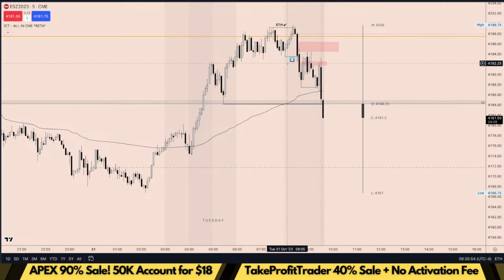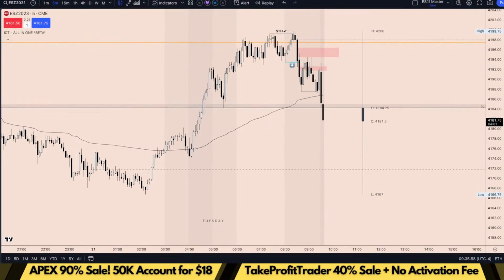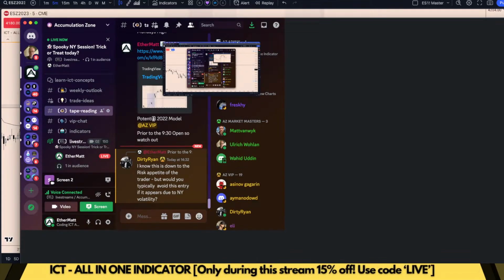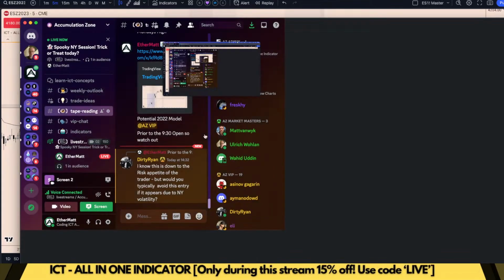We continued lower. I shared the 2022 model with all the members right here on our Discord server. Right here, potential 2022 model, 15 minutes before, it continued lower. That's all I can do if I send lower time frame signals. Let me scroll down.